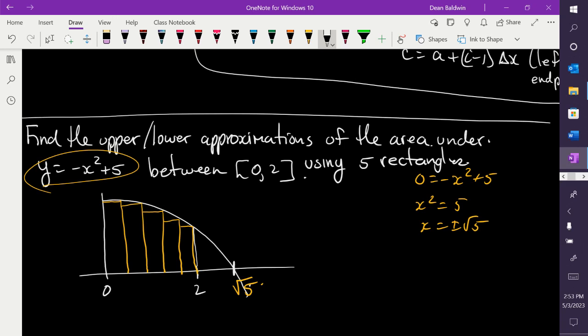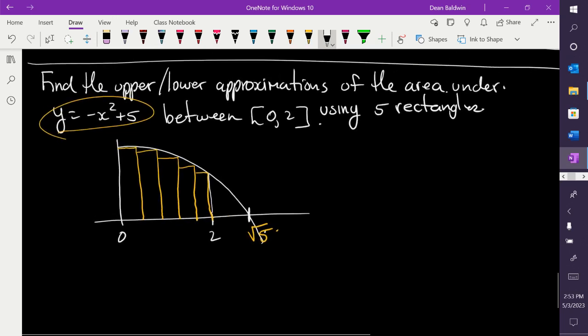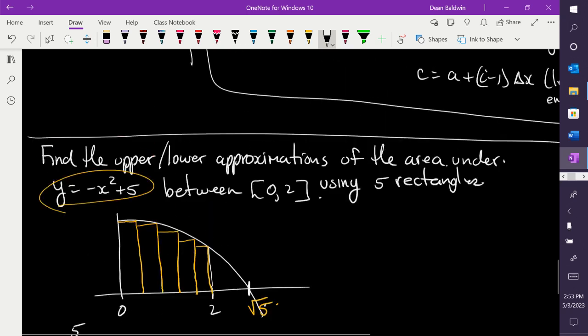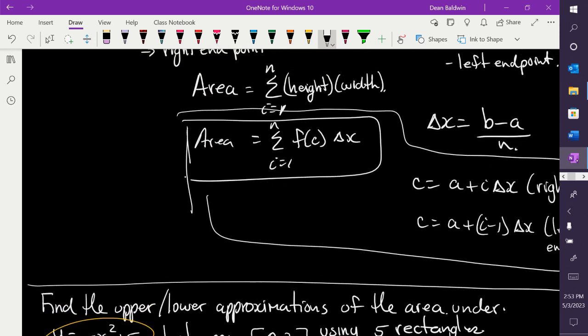Okay, so we're going to do right endpoint and then we'll do left endpoint, because you need an upper and a lower. So let's figure out the formula: the sum from i equal to 1 to 5, because we have 5 rectangles, of f of c times delta x. That's the formula right here.